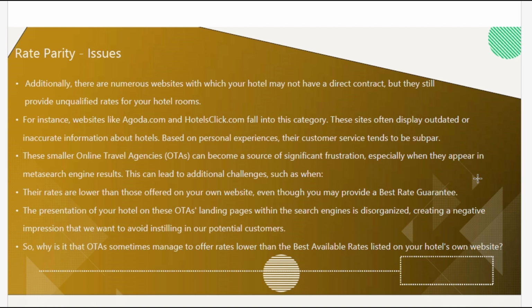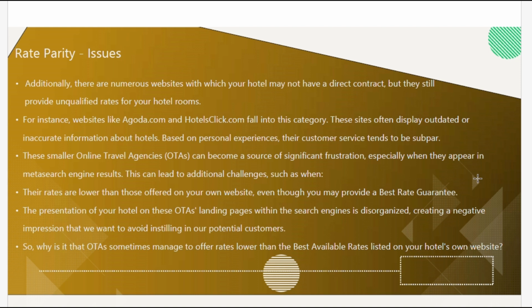These smaller online travel agencies, basically OTAs, can become a source of significant frustration, especially when they appear in meta search engine results. This can lead to additional challenges. I'll explain the meta search later as well.